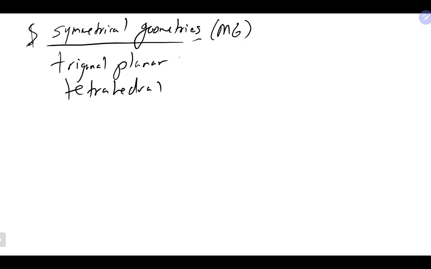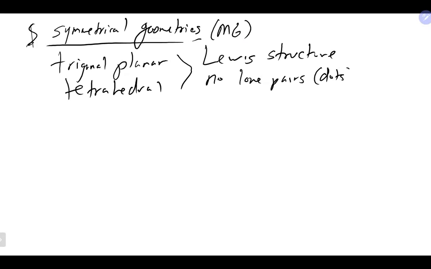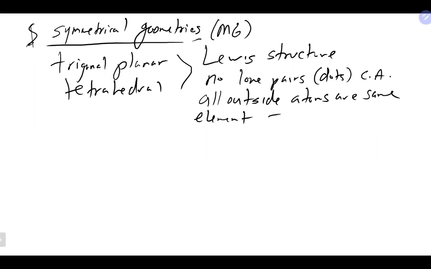What these two have in common is when you draw your Lewis structure, you have no lone pairs or dots on the central atom. And if you have no lone pairs on the central atom and all the outside atoms are the same element, this will result usually in a nonpolar molecule.